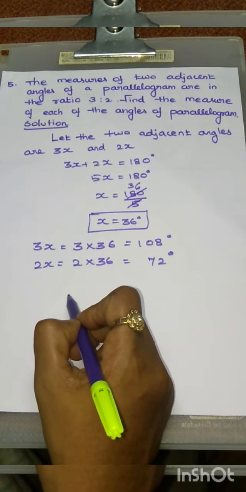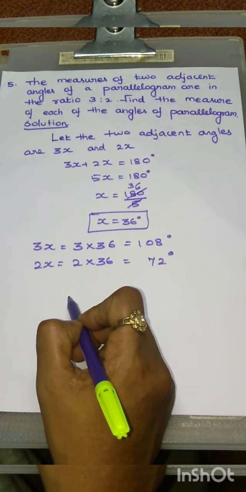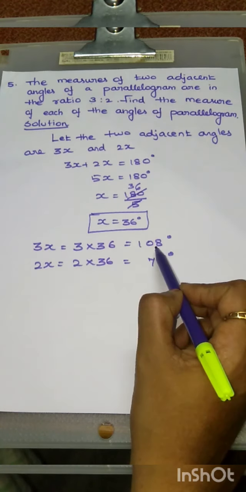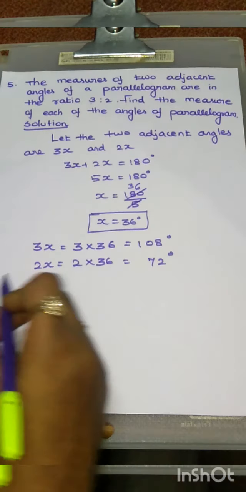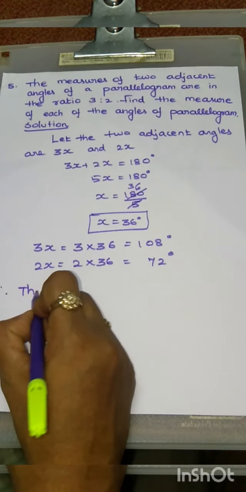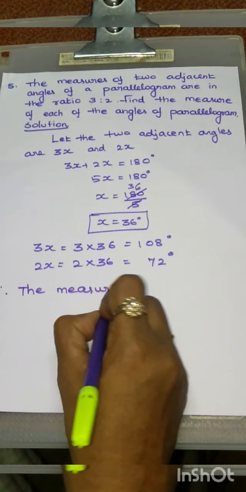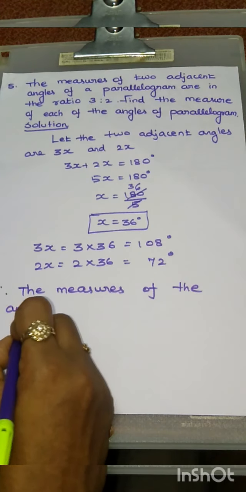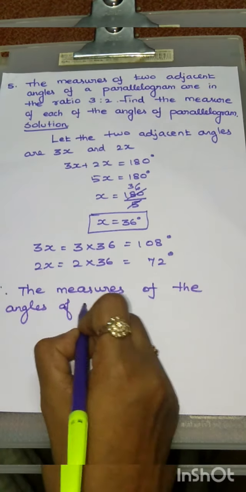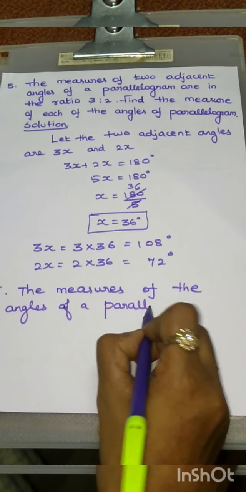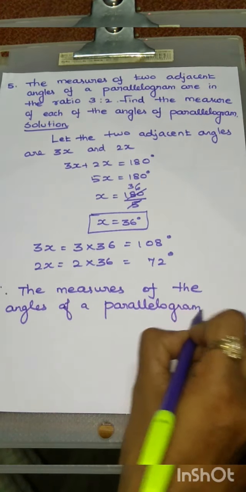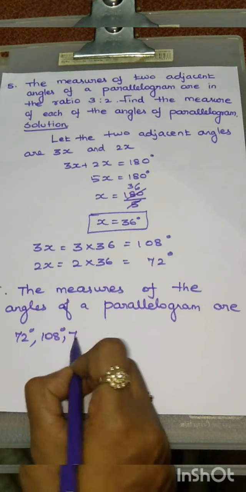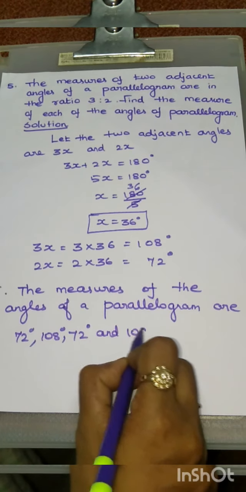The opposite angles of a parallelogram are equal in measure. Therefore the measures of the angles of the parallelogram are 72 degrees, another one also 72 degrees, 108 degrees, another one also 108 degrees. Therefore the measures of the angles of a parallelogram are 72 degrees, 108 degrees, 72 degrees and 108 degrees.